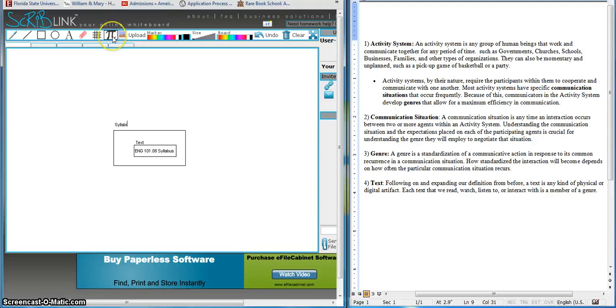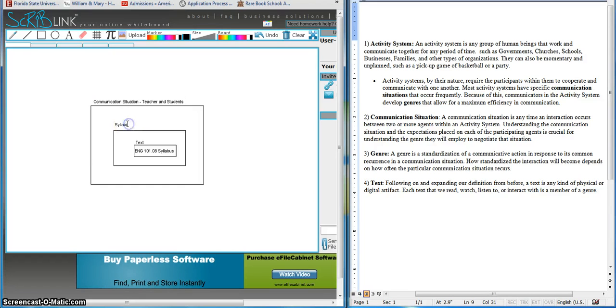And so the syllabi genre is used within a very specific communication situation that we can talk about. And it's a way to standardize communication. And that communication situation is between teacher and students.